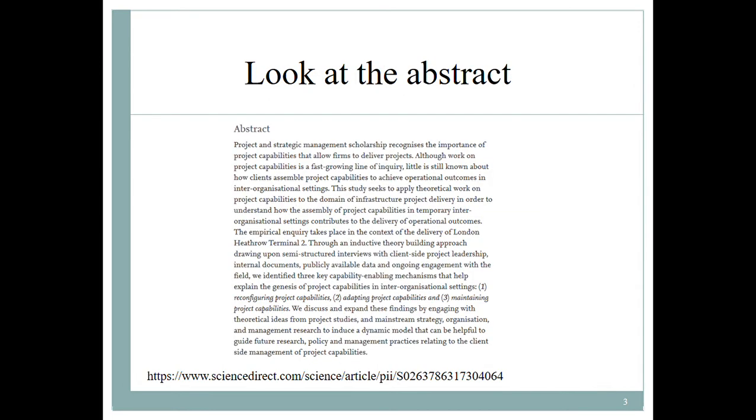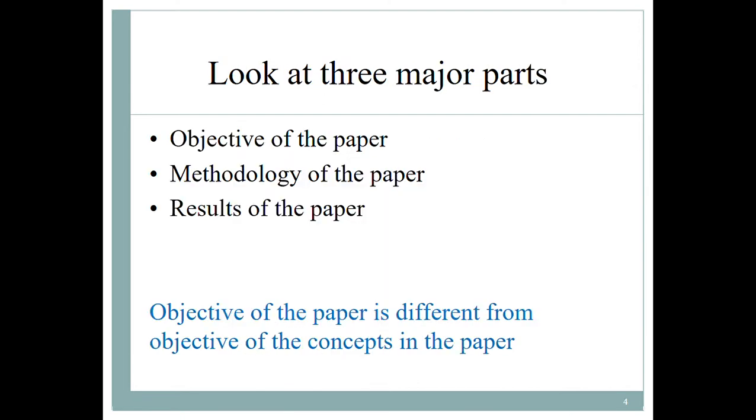Another thing is, of course, the abstract. Every paper has an abstract, so you can read it. This is, for example, an example of an abstract for a certain paper. You can read the abstract and find the most important information about this paper. For each abstract, you have to concentrate on three major things.